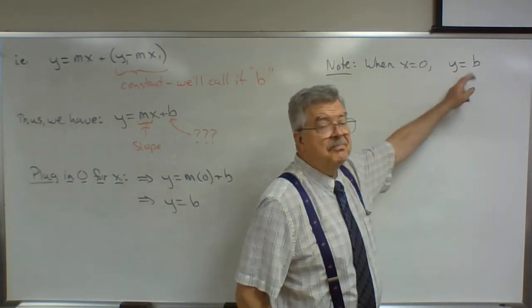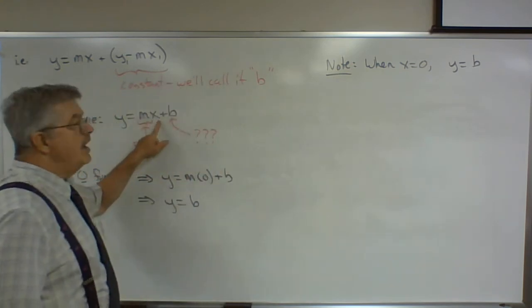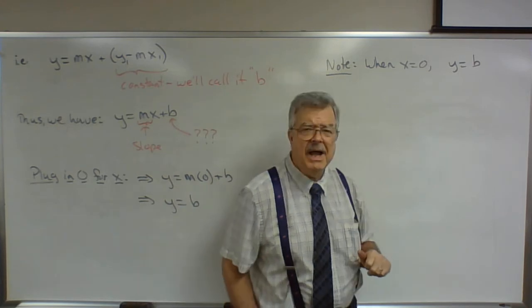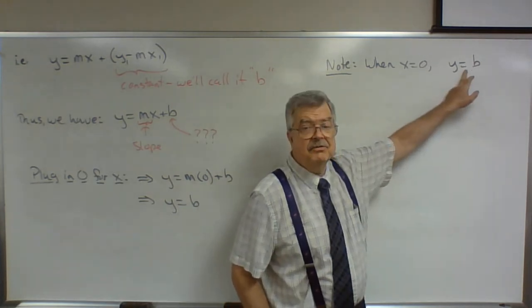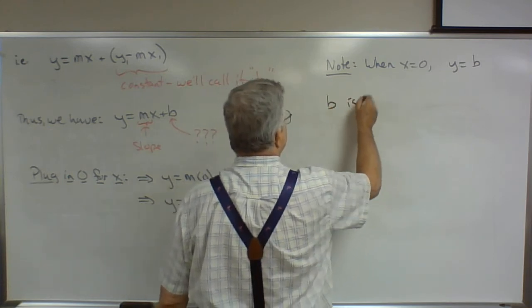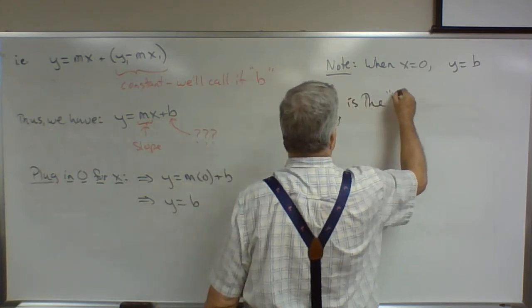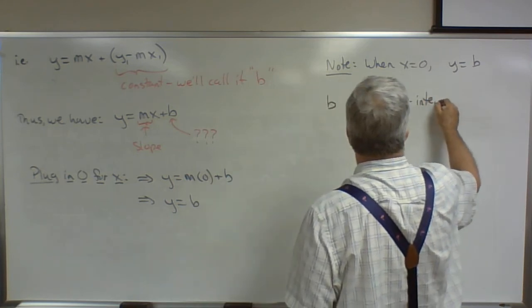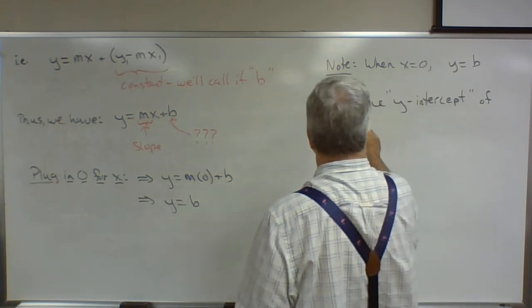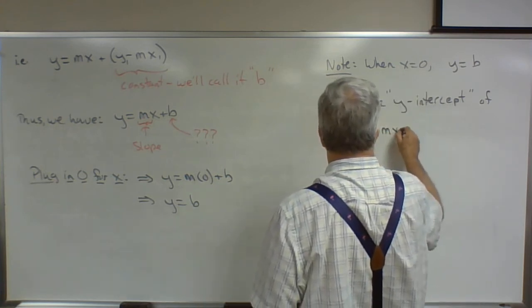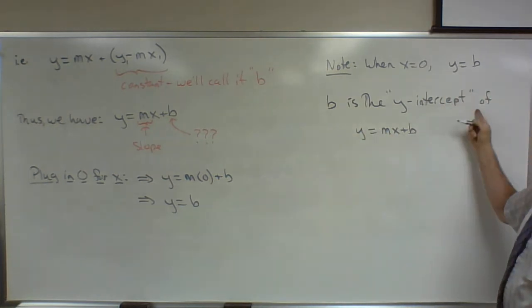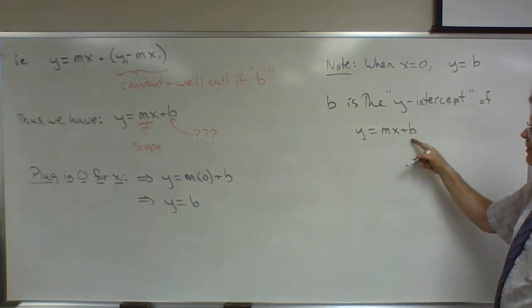In other words, the graph of this line crosses the y-axis at the point y equals b. So b is the y-intercept of the equation y equals mx plus b.